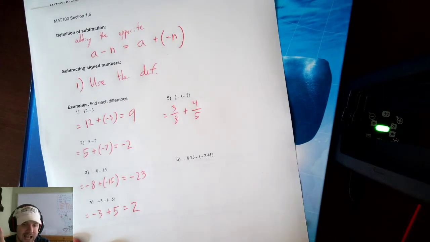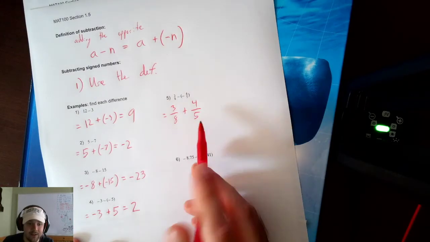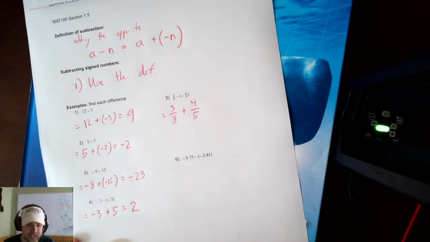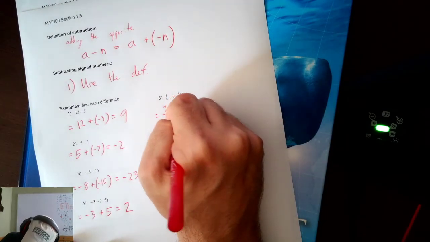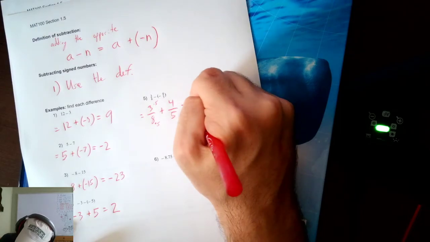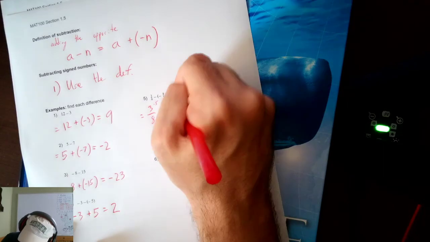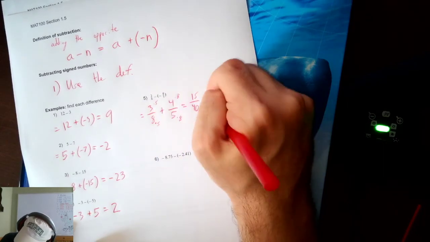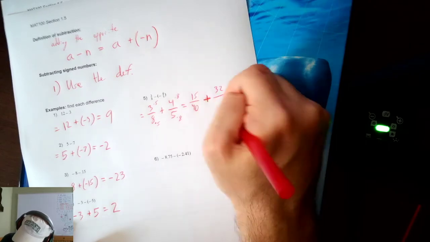Now, I still need to add the fractions. I still need to find a common denominator. Common denominator between 8 and 5 is 40. So, to get from 8 to 40, I multiply the top and bottom by 5, which gives me 15 over 40. And then to go from 5 to 40, we multiply by 8, right? Oops, that should be a plus sign. 4 times 8 is 32 over 40.